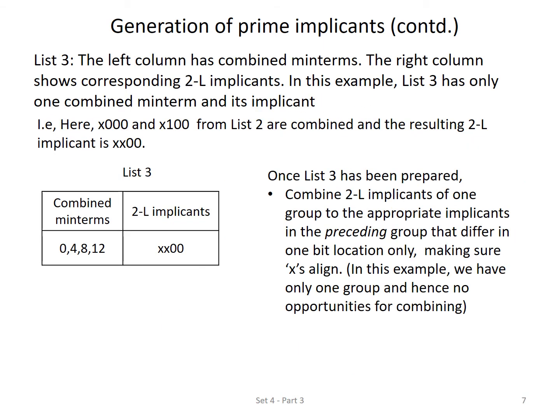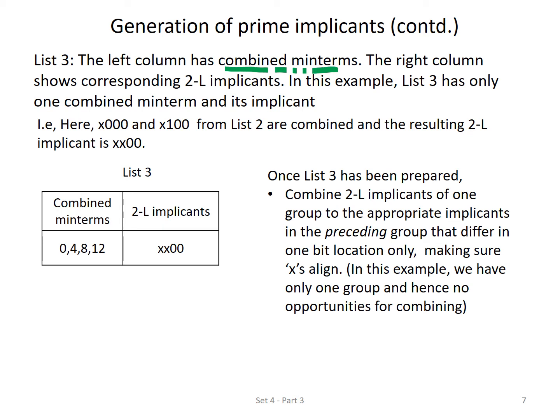Here we have list 3. List 3 has the implicants that were checked off in the previous list, list 2. The left column of list 3, again just like list 2, indicates combined min terms. The right column shows corresponding two literal implicants.